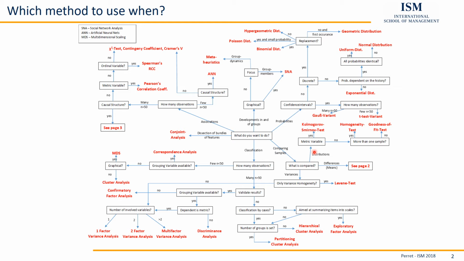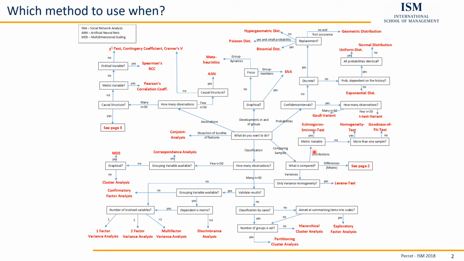If I have more than one sample, like I compare two samples and want to know whether they share the same distribution, then I could use a homogeneity test. Usually, both of those tests are only used for classified data, for different frequency tables, at least.